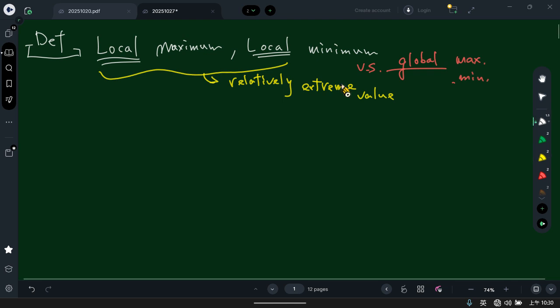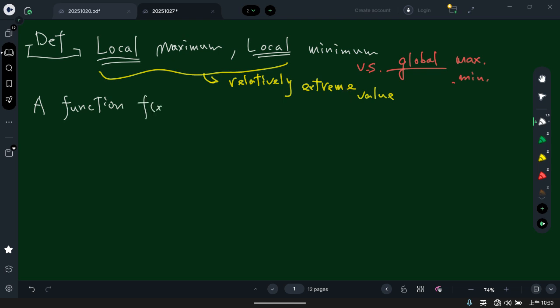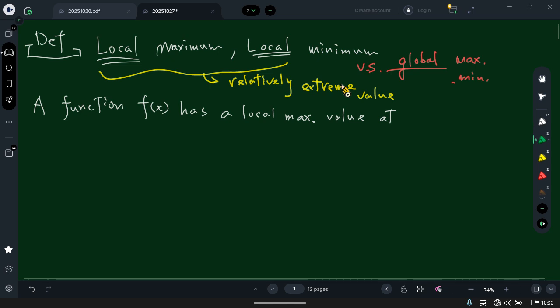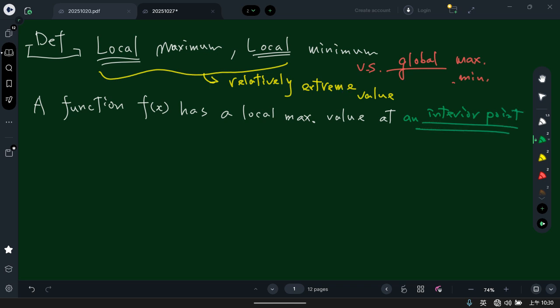So I will give you a formal definition: if a function f of x has a local maximum value at an interior point. Remember, this is for interior.